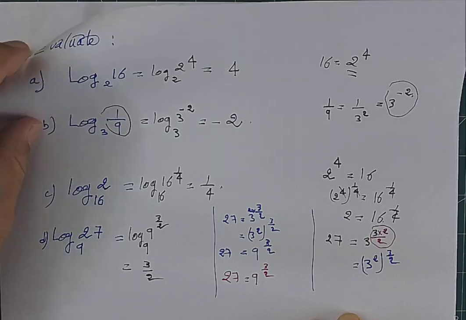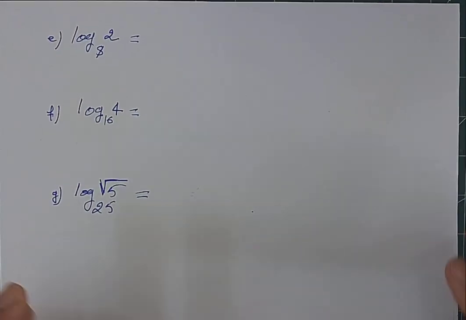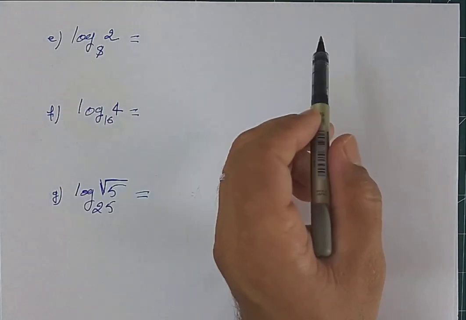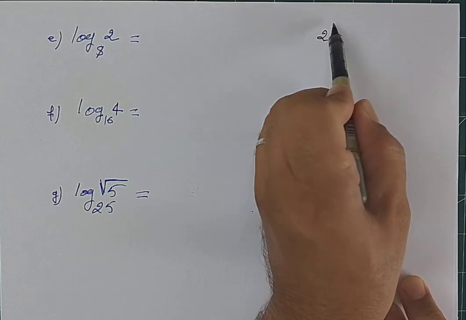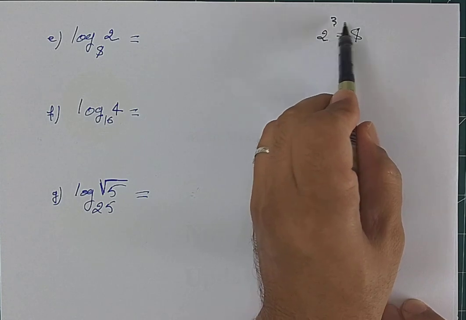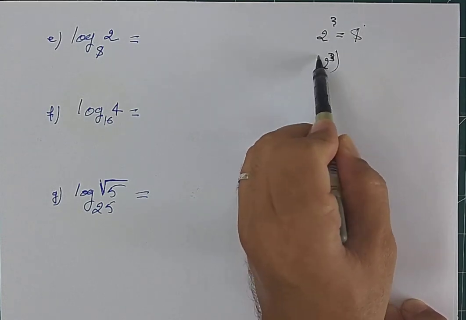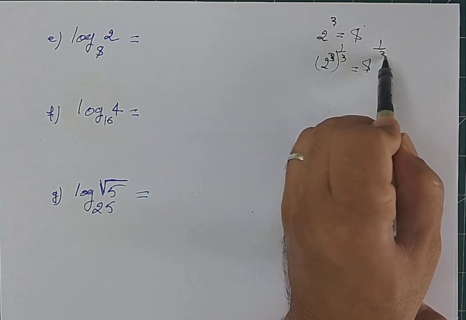So let's move to the next thing here, some more practice. Here we have log 2 base 8. The same thing: we have 2 to the exponent 3 equals 8. I change this power, so 2 equals 8 to the 1 over 3.